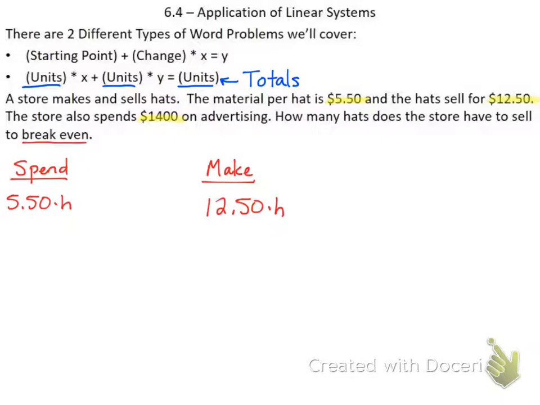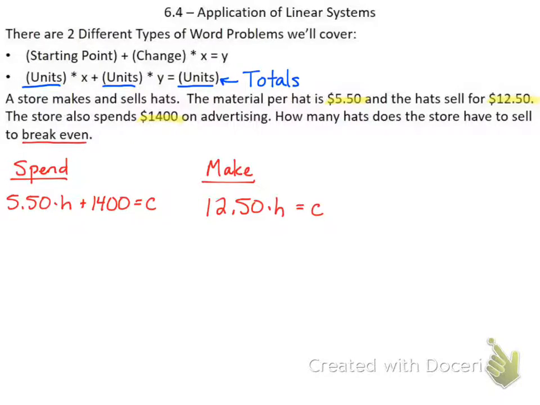It says I spend $1,400 on advertising, so I'm going to add $1,400. This isn't per hat that I'm advertising, it's just $1,400 straight up. And so this is going to be equal to the cost that I spend, and this is going to be equal to the cost that I make.